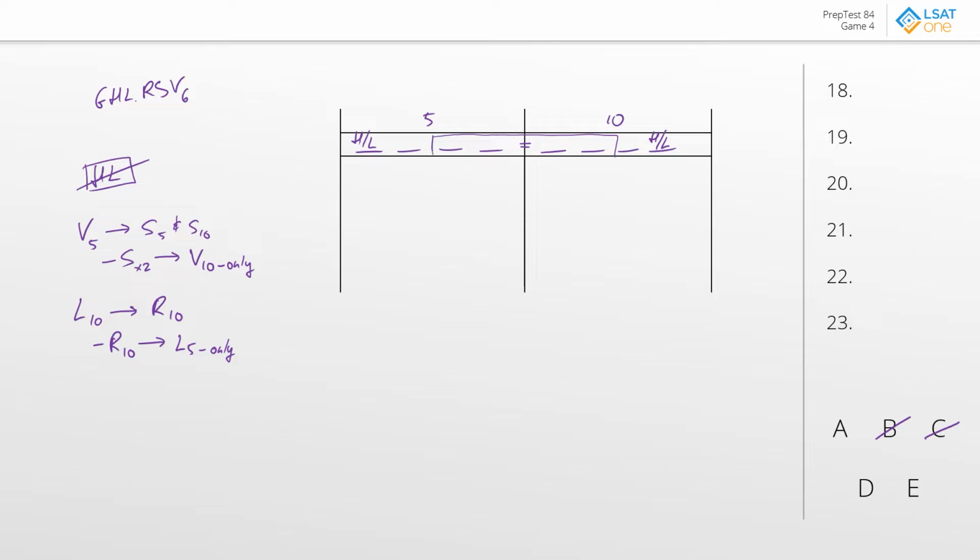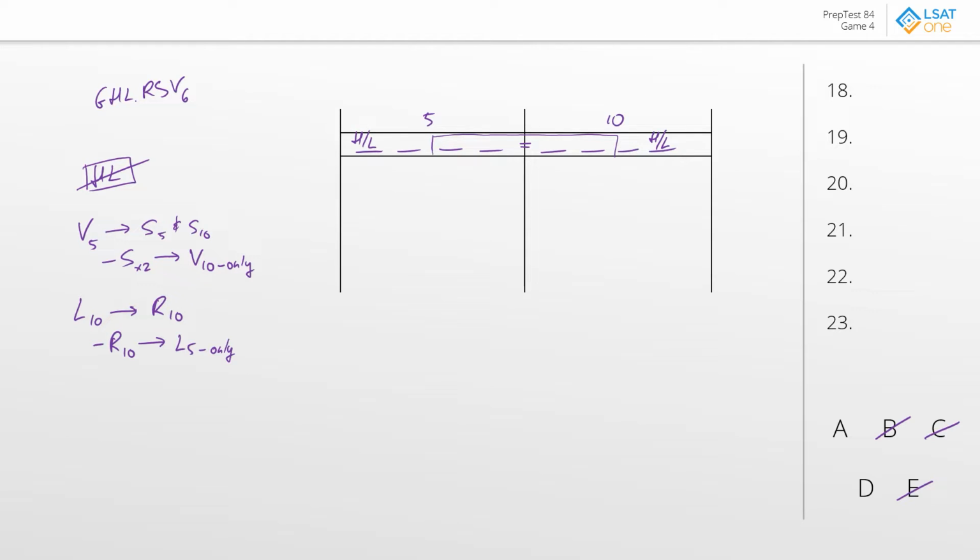Next, answer choices B and C are already out. Answer choice D does not have V on 5, so that also doesn't apply. And answer choice E has V on 5, but in that scenario, S should be doubling up. We should have S on both sides, which you'll notice we do not. We only have S on the 10-year bonds there, so we can disqualify answer choice E from the answers.